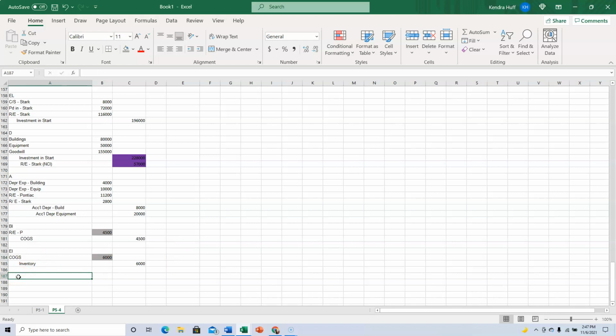And they also owe money to each other. So I'm going to have intercompany accounts. I'm going to have an account payable and an account receivable.